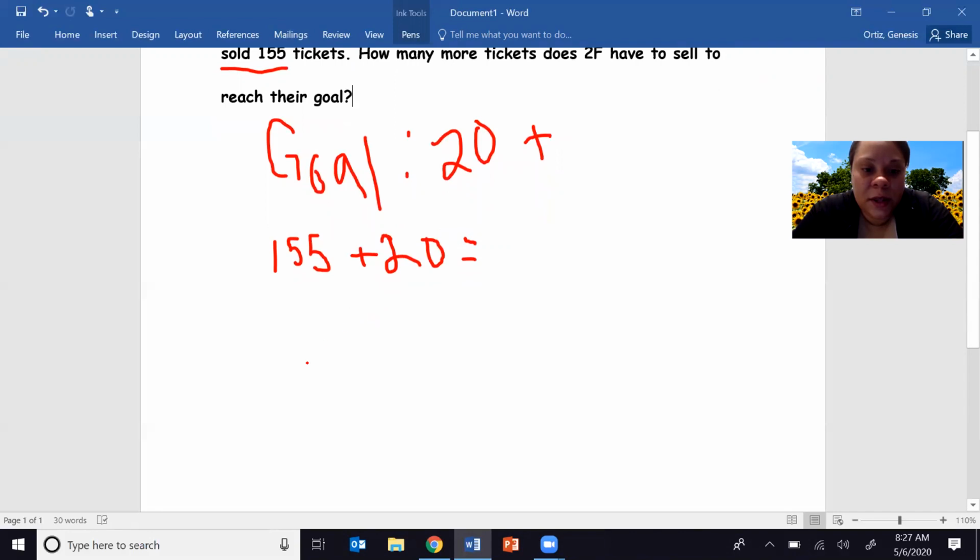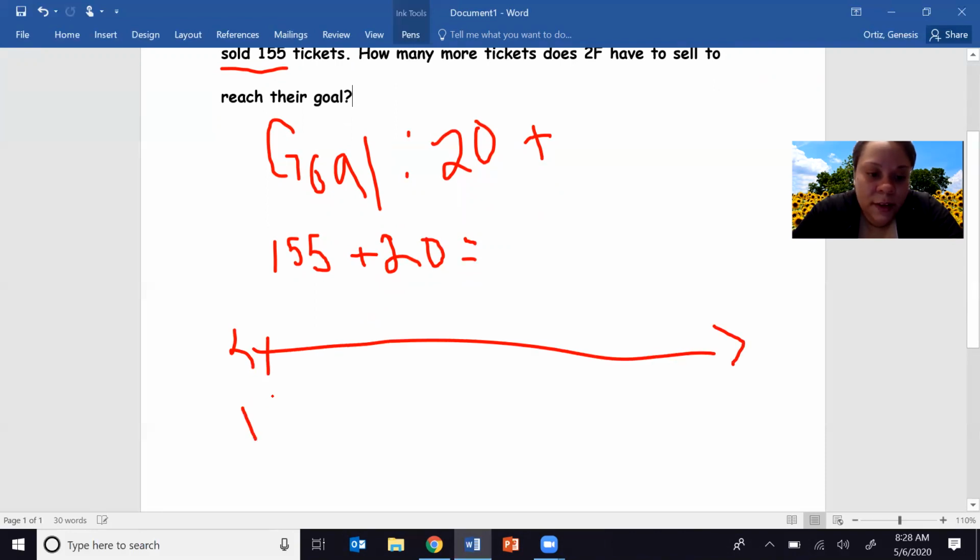We could do this in many different ways. You can do this on a number line, which I'm going to do because I just think it's easier. So we're going to start with 155 here. I'm going to do one jump, because I have 2 tens, 0 ones, one jump of plus 10. 155 plus 10 is 165.